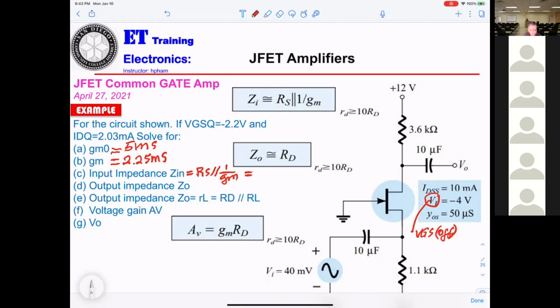First thing you need to calculate is 1 over GM. 1 divided by 2.25 equals 0.44. And I plot 1.1, equal.